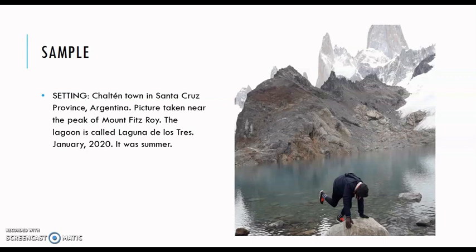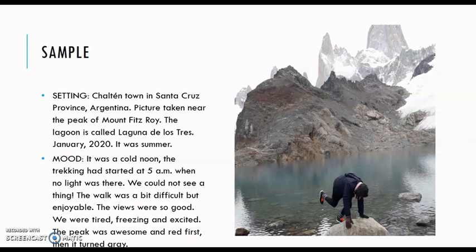This Mount Fitzroy is one of the most well-known places for trekking in South America. The lagoon is called Laguna de los Tres, and the picture was taken in January 2020. It was summer, which is a very nice piece of information because it looks really cold there.